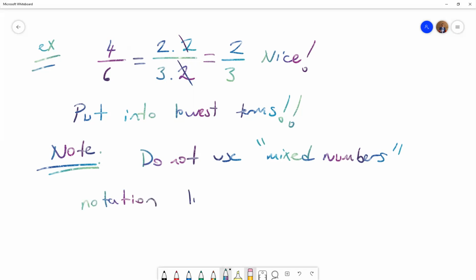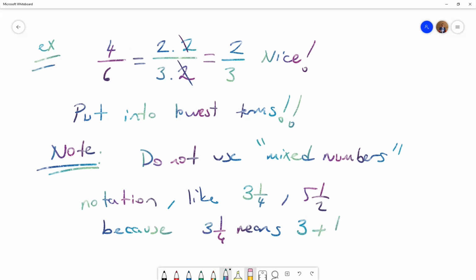Notation like 3 1 over 4, or maybe 5 1 over 2, because 3 1 over 4 means 3 plus 1 over 4. So maybe you are trying to multiply them, or we don't know what you mean, so try to avoid this notation. Okay.